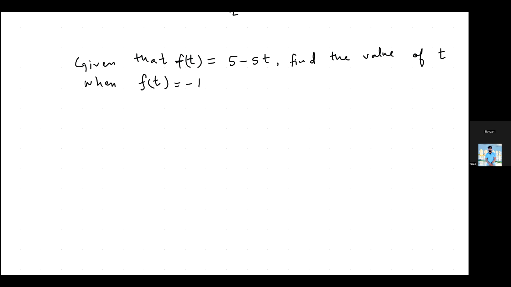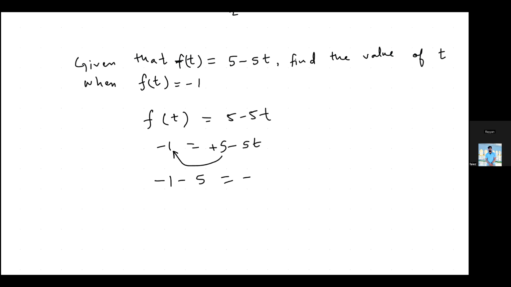Hello? Yeah, yeah. So this solution is also super easy. You see, it is given that ft equals 5 minus 5t, right? So that will be equal to minus 1, 5 minus 5t. You take 5 to this side. It is obviously in the plus sign, so it will be with a negative sign here, minus 5t.